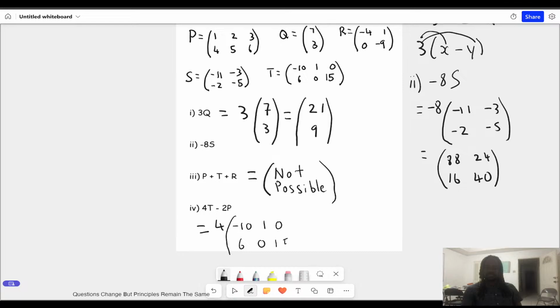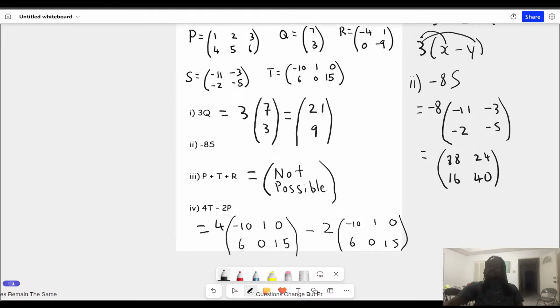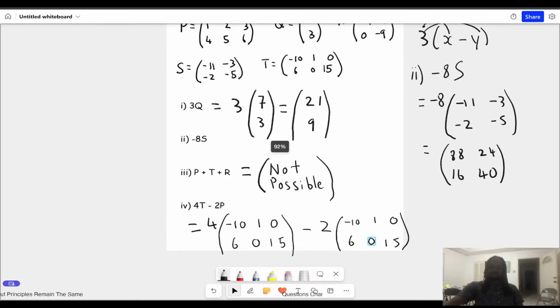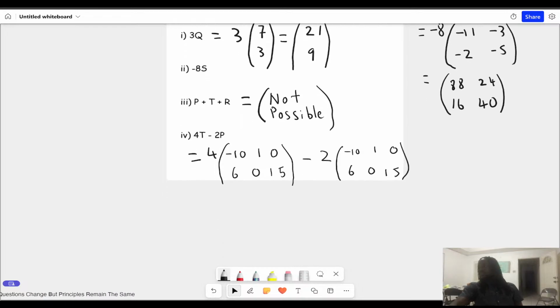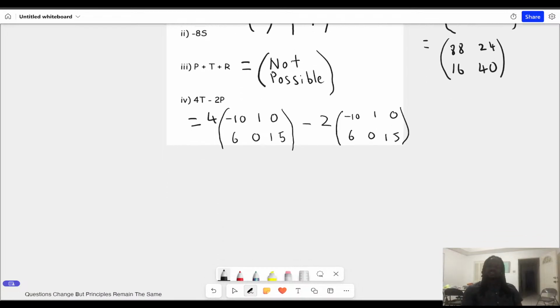Minus 2P, so 2 times, what is P here now? Negative 10, 1, 0, 6, 0, 15. What did you say we're supposed to do first? Can I just subtract them?